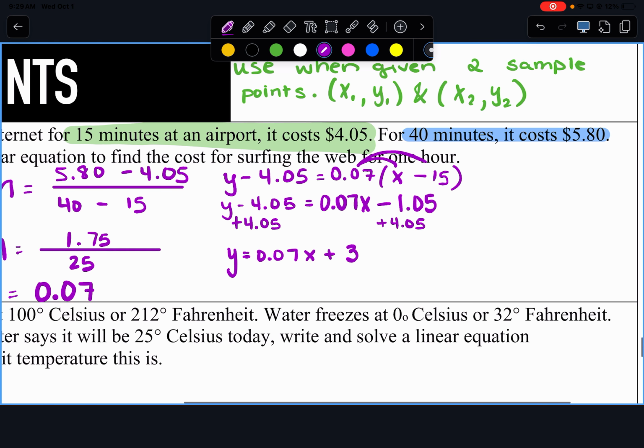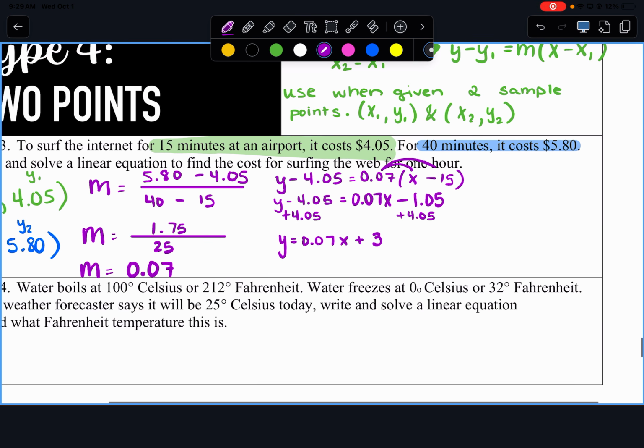From here, it asks us to find the cost of surfing the web for 1 hour. What do I do to do that? Plug it in for x. What do I need to plug in for x? 60. Because each of these is 15 minutes, 40 minutes, so we need to make that 60 minutes. And we just plug that in and solve.